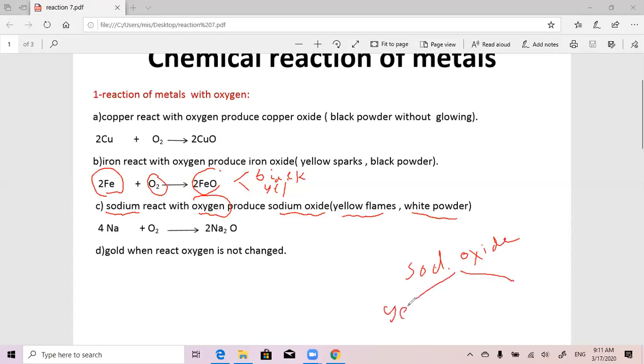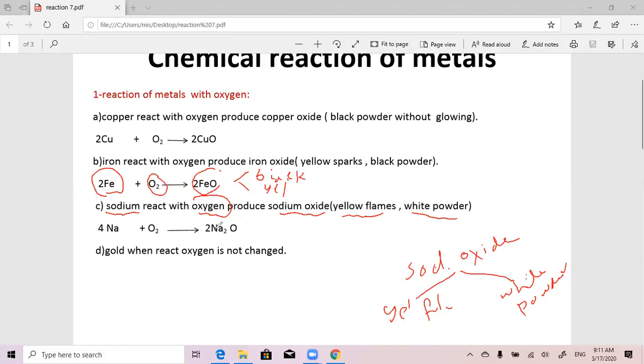Number one, yellow flame, and number two, white powder. Understand? This equation is represented by the following symbols: 4Na plus O2 produces 2Na2O.